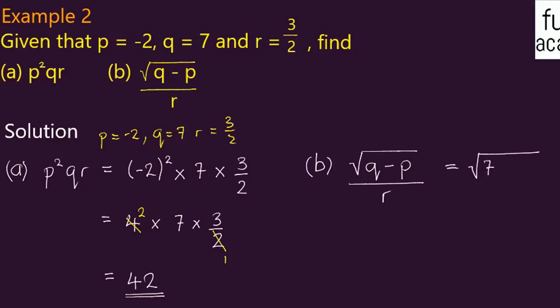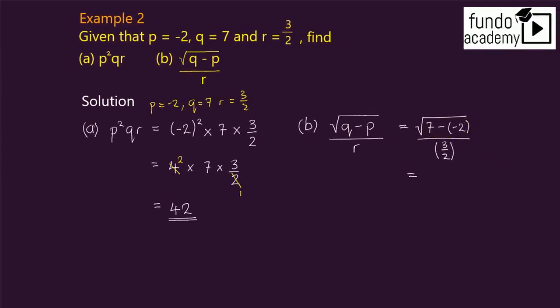P is -2, so it's 7 minus -2 divided by r. R is 3/2. Right, we simplify, we get 7 minus -2 gives us 7 plus 2, which is 9. So we have the square root of 9, and it's over, or we can say divided by 3/2.